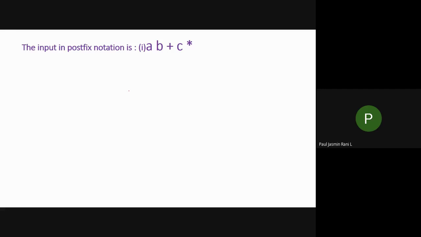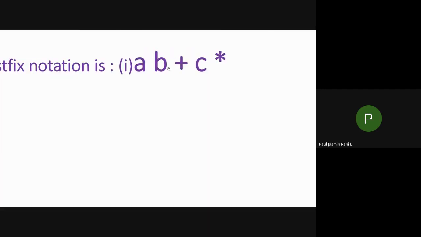First construct your expression tree for the given postfix notation. Your postfix notation is AB plus C asterisk. Draw an expression tree in your notebook, and finally let us see what the answer is. Check whether the answer you are getting matches or not.